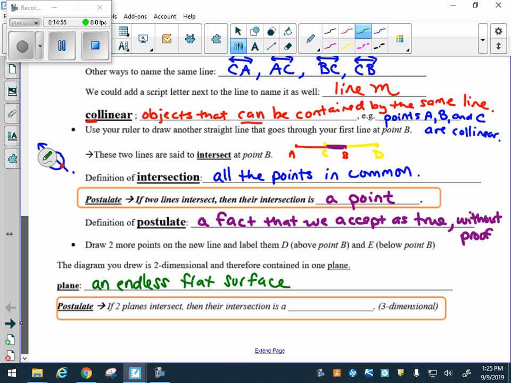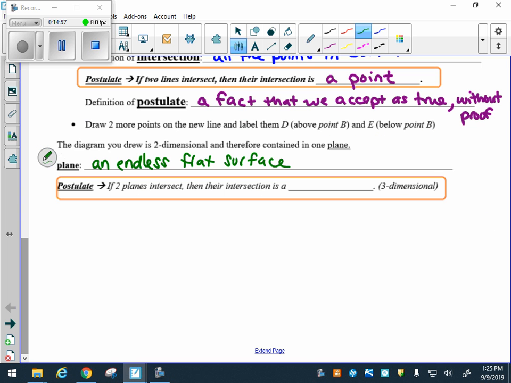An example in real life of a plane. I always use the same example because it's about the only time I've heard people talk about it. Well, architects sometimes talk about planes, but most commonly in football. If you ever watch a football game, you might hear the announcer say they're checking if the ball crossed the plane.